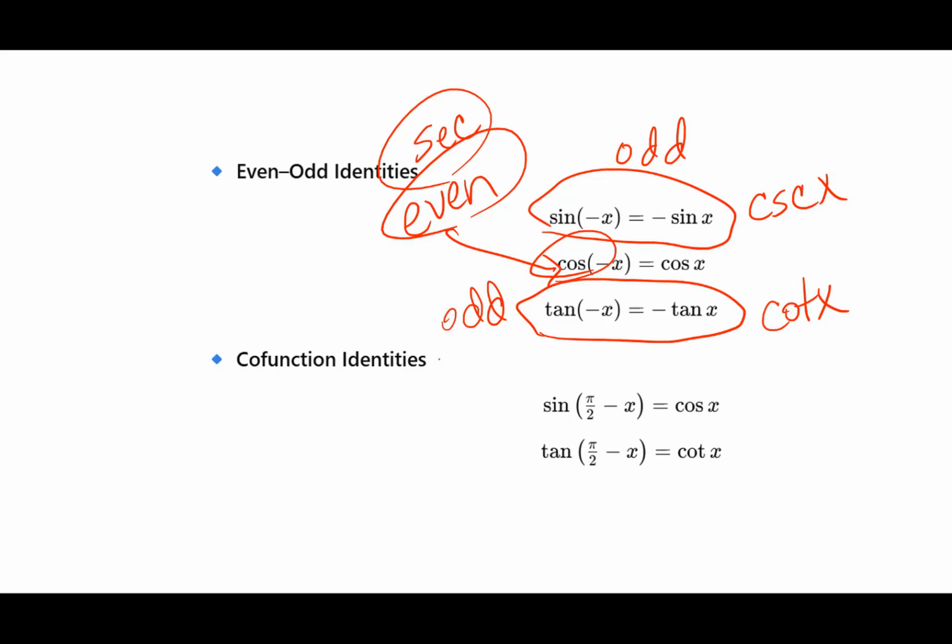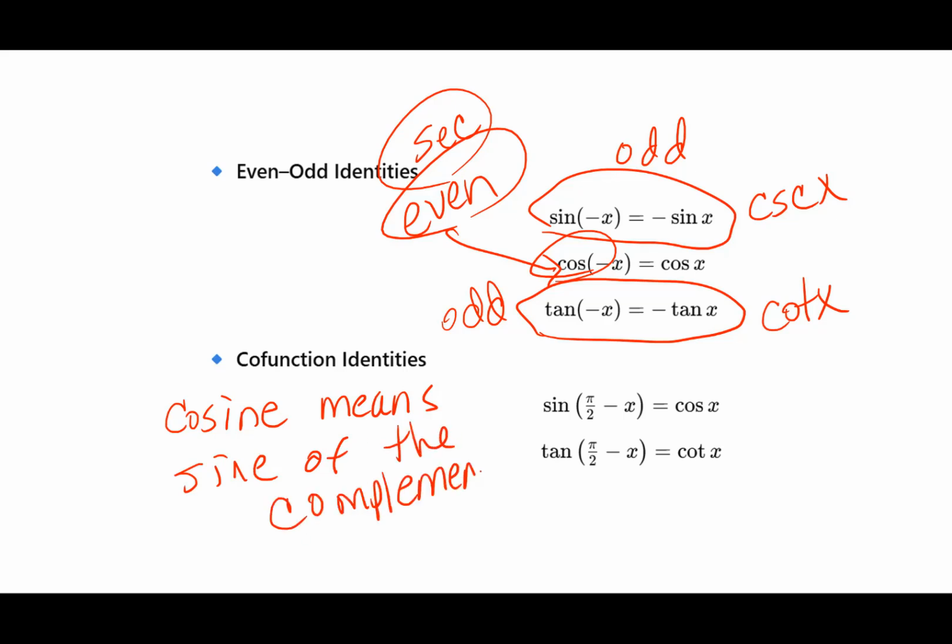And then the cofunction identities, you need to know that cosine, remember cosine means sine of the complement. That's what that word means. So the cosine of x is just the sine of the complement of x. Cosine of x equals the sine of the complement of x, pi over 2 minus x.